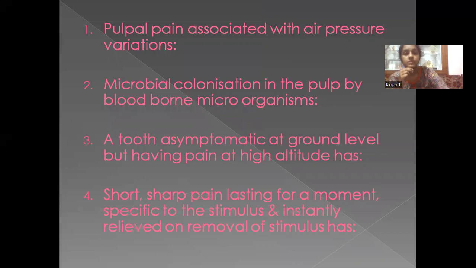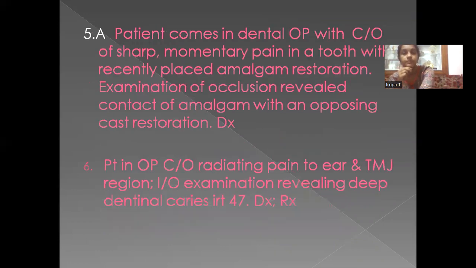The pulpal pain associated with pressure, air pressure variations, microbial colonization in the pulp by blood-borne microorganisms: a tooth asymptomatic at ground level but having pain at high altitude. Short, sharp pain lasting for a moment, specific to the stimulus and instantly relieved on removal of that stimulus.